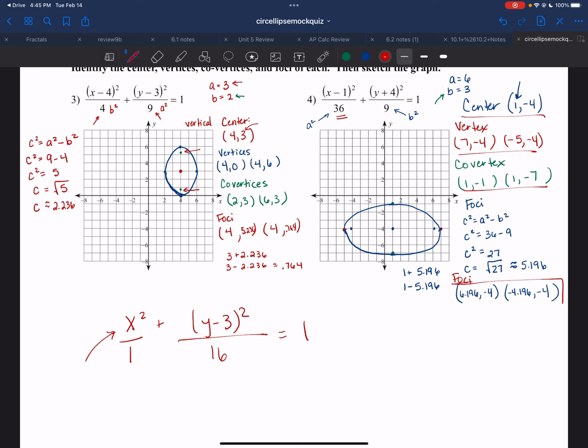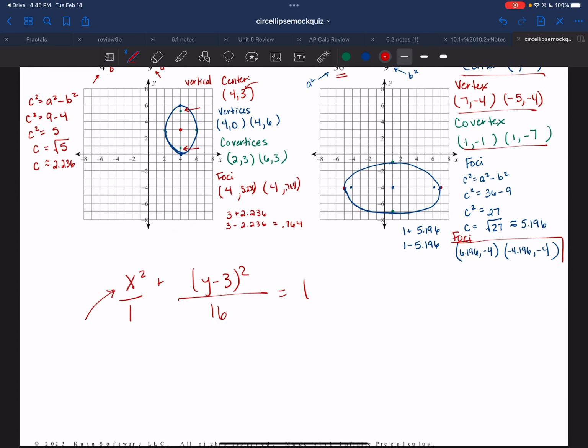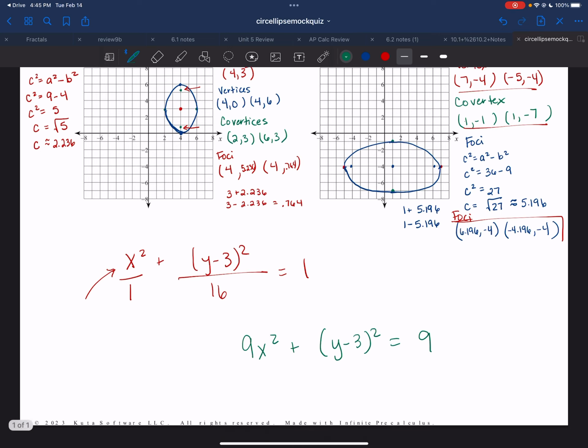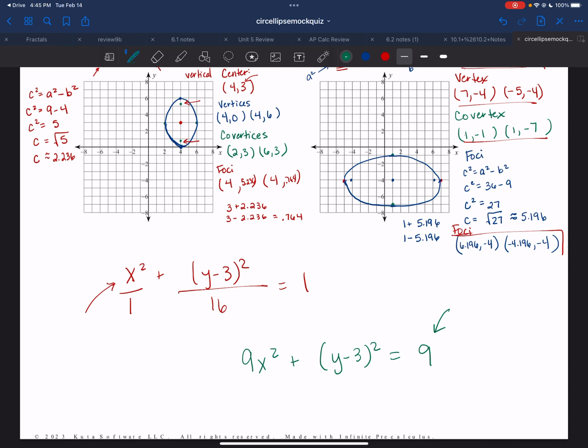Okay, if you have something that is like, let's say I have 9x squared plus, let's say y minus 3 squared equals 9. Remember, I have to get this one down to 1. So I would have to divide everything by 9. And that would end up giving me x squared over 1 plus y minus 3 squared over 9 equals 1.